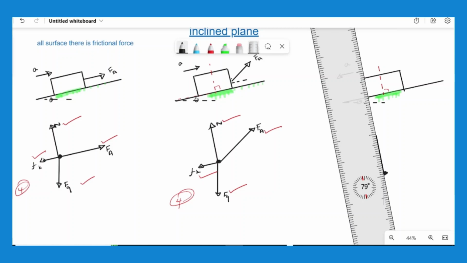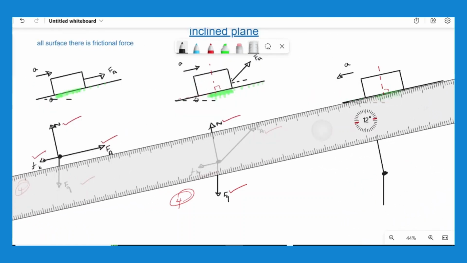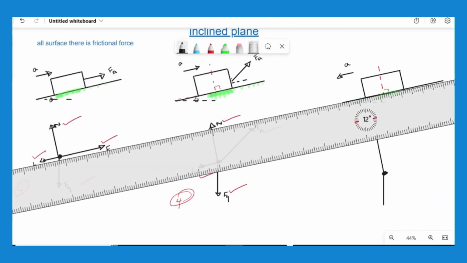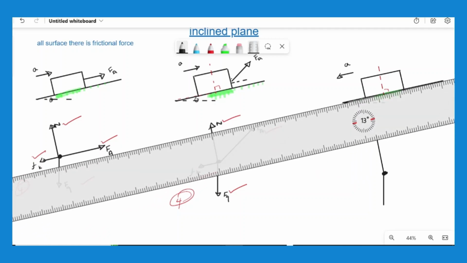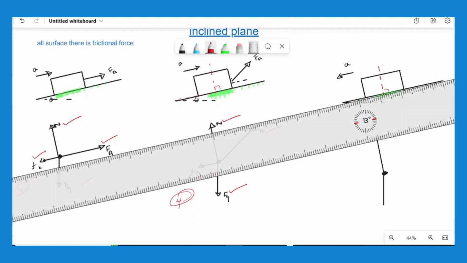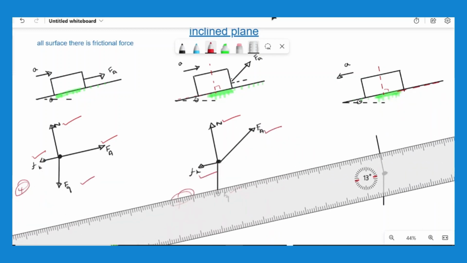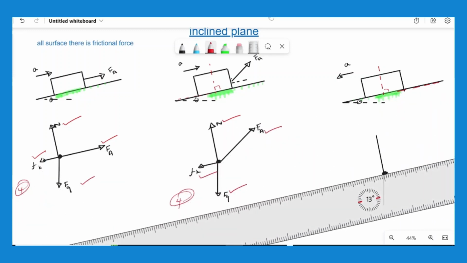But as I have a frictional force, the frictional force is always parallel to the plane. Right. Parallel to the plane is always my frictional force. So in this case, my frictional force would be here, acting like this. So I have to take that frictional force as it is there and put it in my free body diagram. Because frictional force is always a force opposing the motion of the object. This object is sliding down, frictional force will act upwards like that.